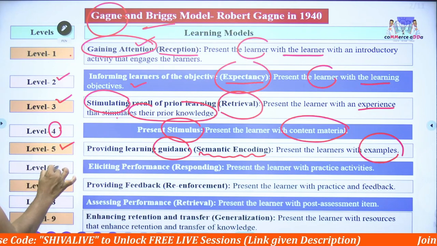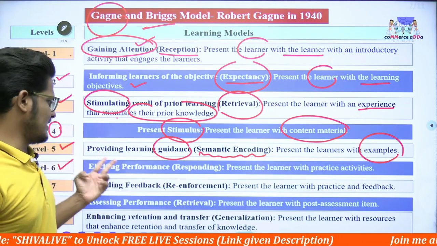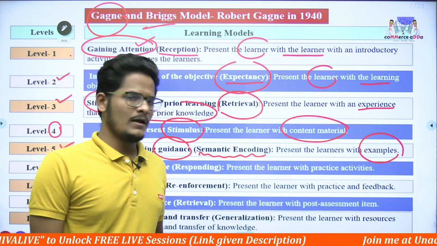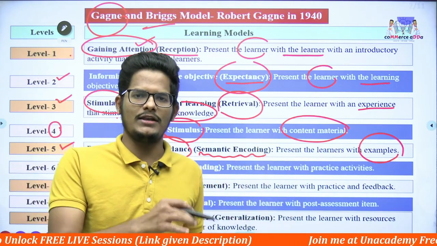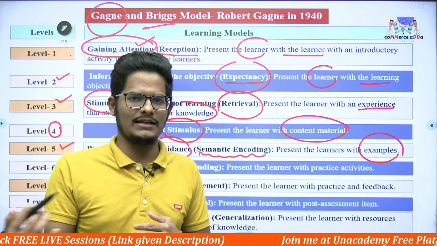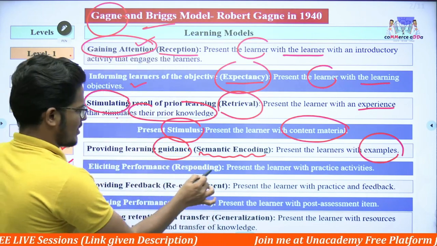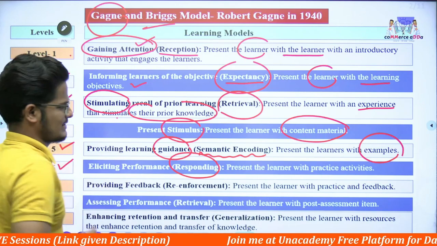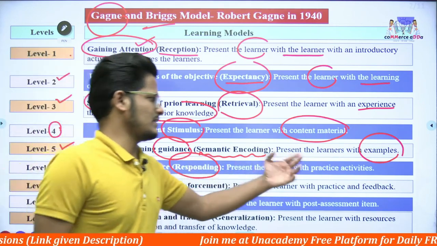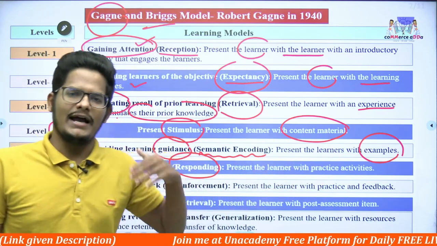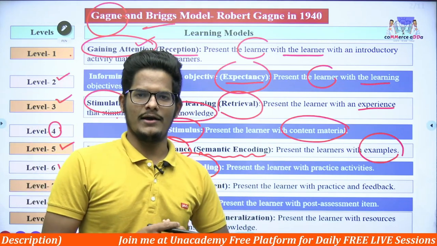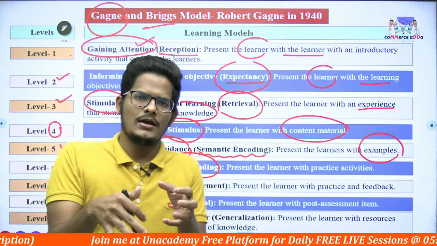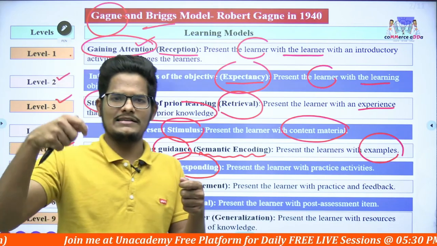Semantic encoding. Level number 6, eliciting a performance, means doing practical activities with whatever we learnt, to see whether the learner is responding to a concept he learnt in the classroom or not. Present the learner with a practical activity. Suppose I explained about the share market, I am asking a learner to do fake trading, that is, with a duplicate trading practice application.